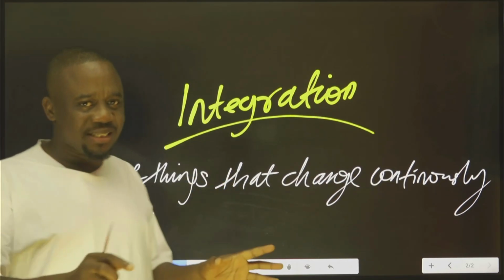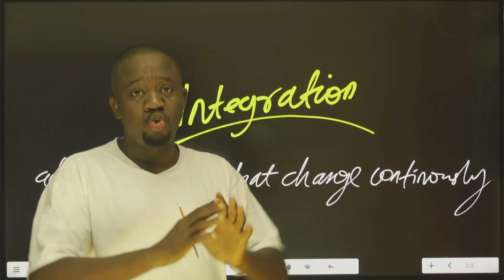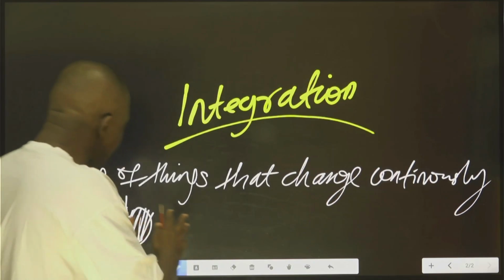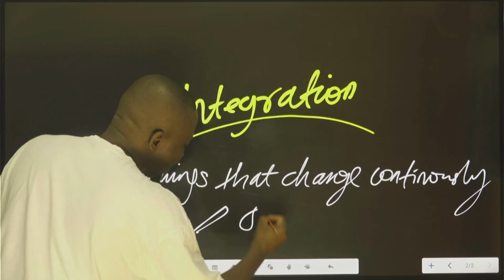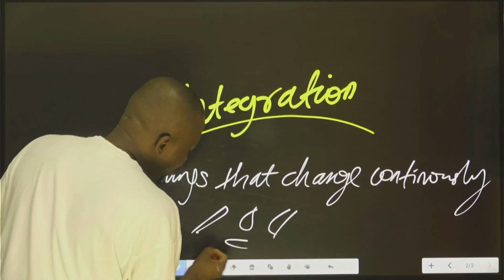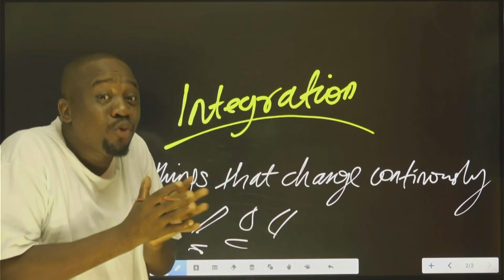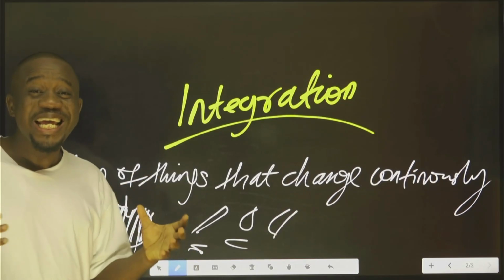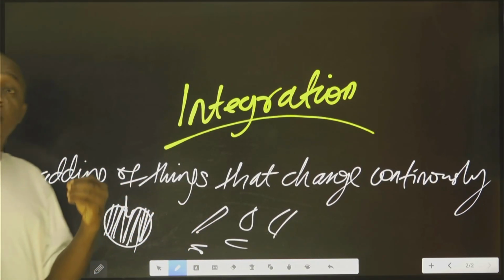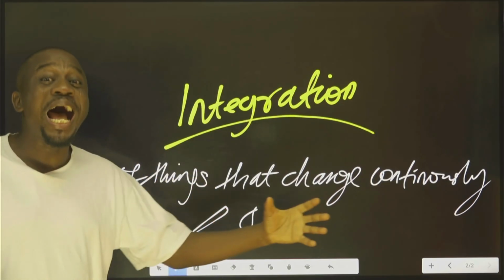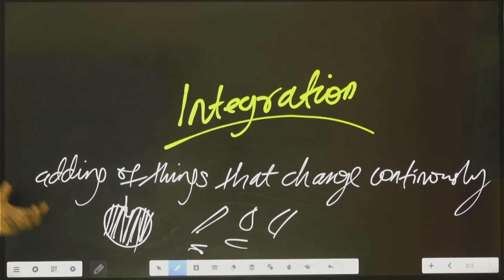You scatter it. Now you are adding them together. You are packing them together to know the total sum of this apple. Currently, the apple pieces are all scattered like this, pieces of apple everywhere. Now you are adding them together. The process of adding them together, professionally, we say it is an operation used to determine the accumulation of quantity. If you want to determine the accumulation of quantity, integration is the operation we use for that, okay?